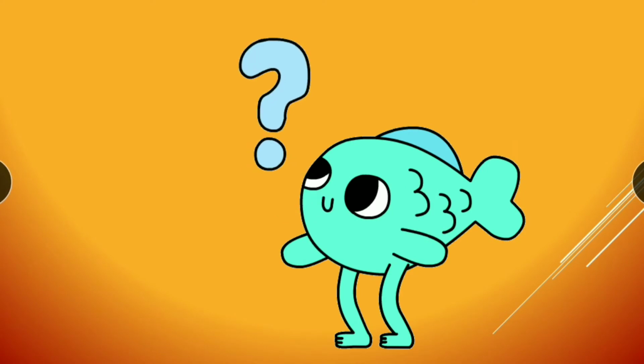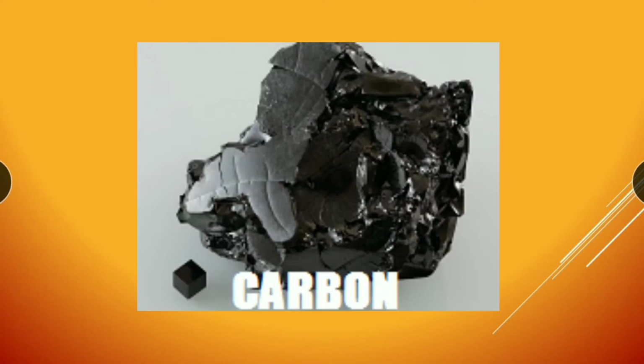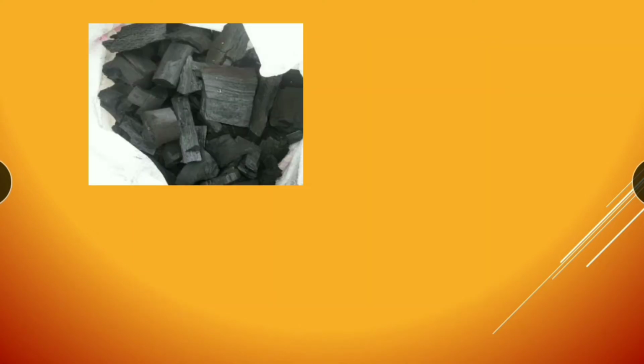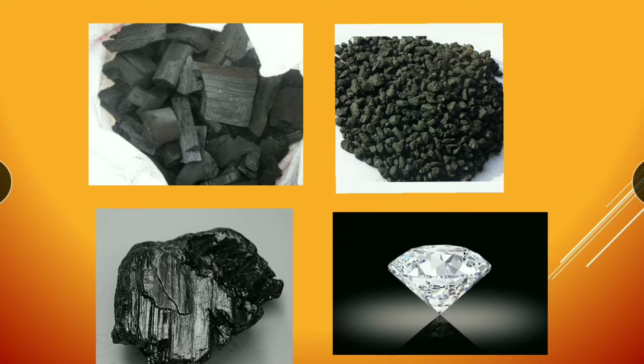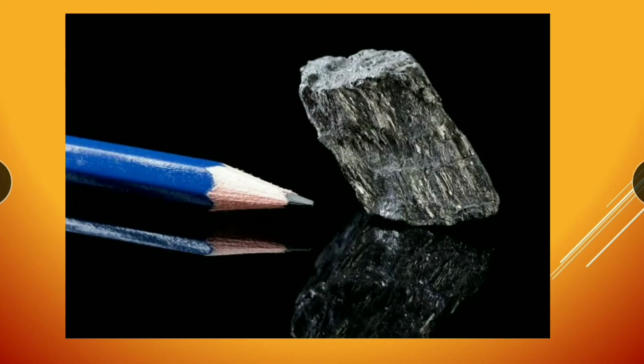Do you know carbon is a non-metal? Carbon is found in many forms such as charcoal, coke, graphite and diamond, etc. Coal is also mainly carbon. The pencil lead is a form of carbon called graphite.